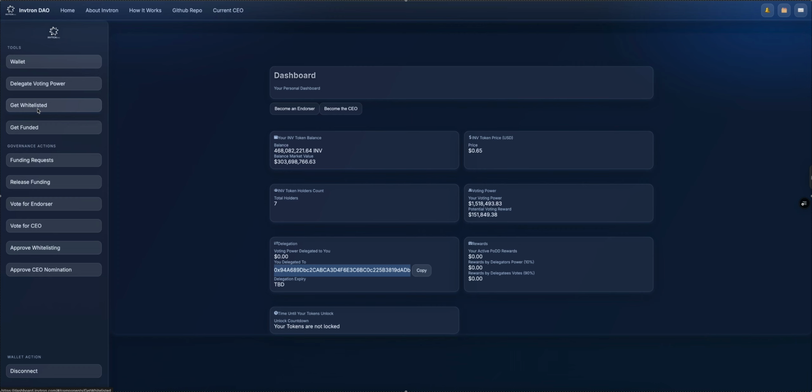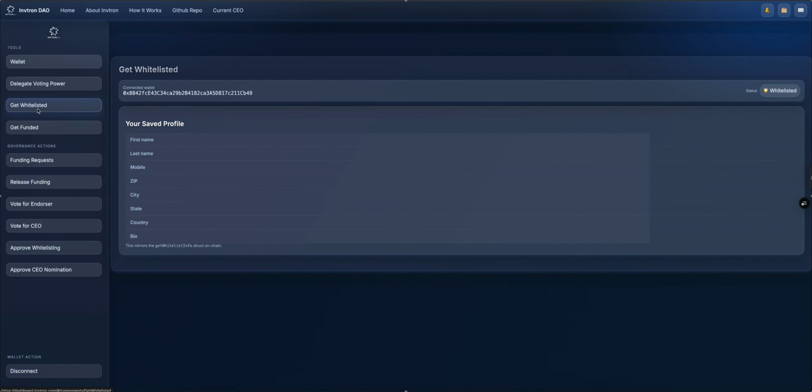Now we go to the third option, which is get whitelisted. Here, we are already whitelisted, of course, because this is the whitelisting done during deployment for this wallet. So it's whitelisted already. We don't need to whitelist it.